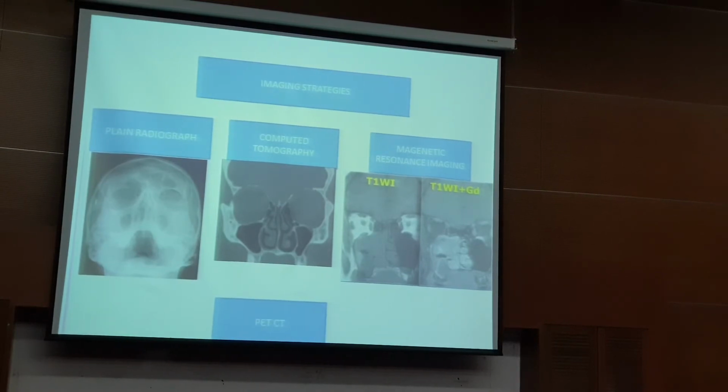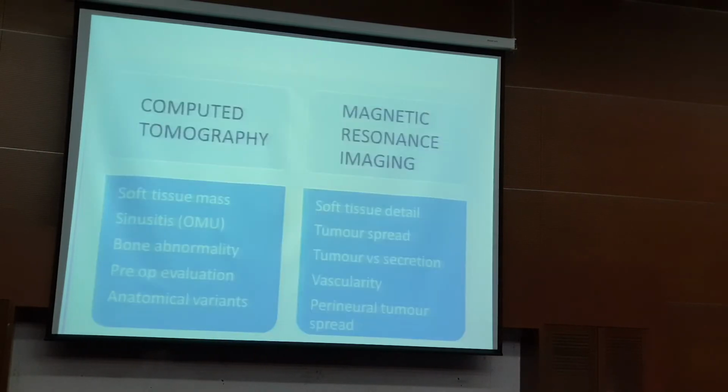But what about MRI? MRI is good to differentiate in complex sinonasal disease between secretions and a mass, which CT cannot do. PET-CT, ideally it's done basically because sometimes in MRI, especially post-surgery, we won't be able to differentiate if there is tumor recurrence. So hence why PET-CT is the modality to use to differentiate whether there's recurrence or post-op changes.